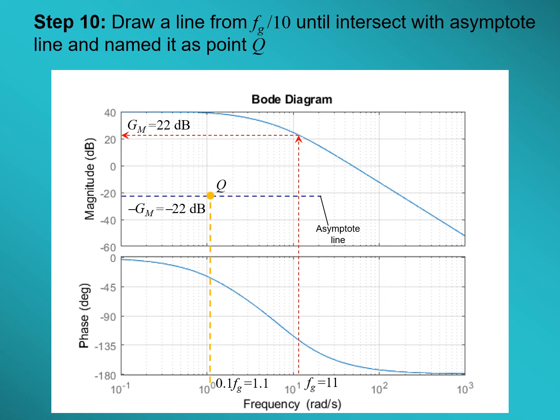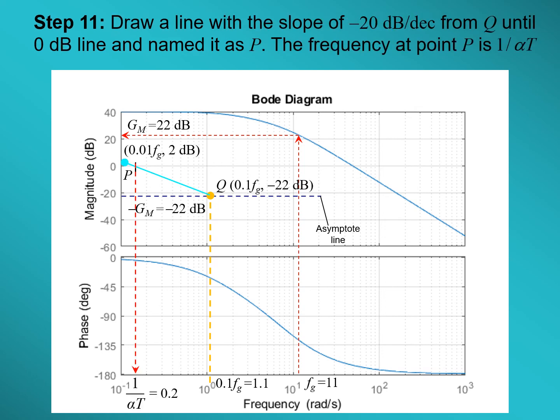From the 1.1 project until it intersects with the asymptote line, and name it point Q. Alright, next, draw a line with the slope of minus 20 dB per decade from Q until the 0 dB line and name it as point P. This is given by this cyan color line.